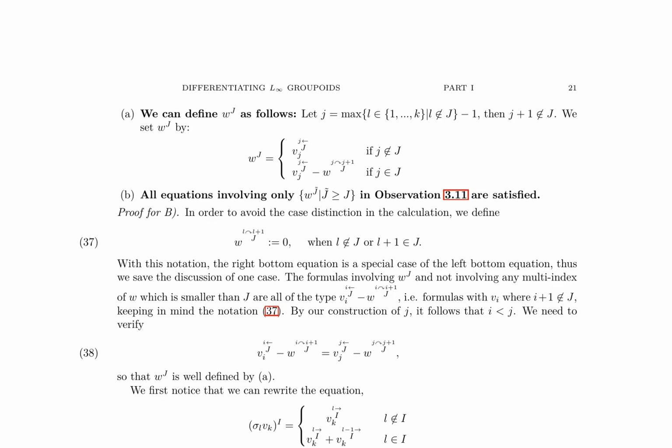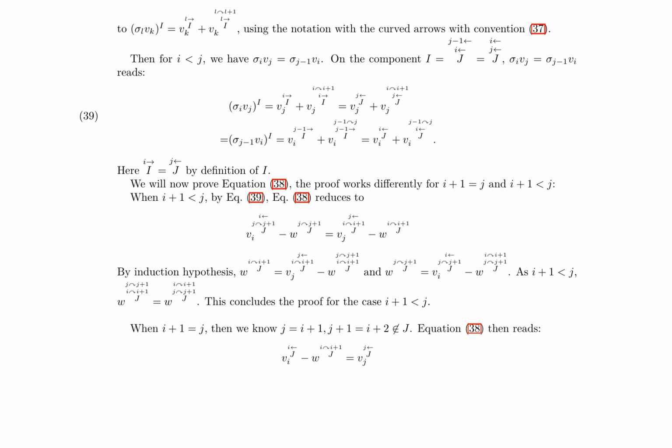To achieve this, a meticulous analysis of the equations is conducted, utilizing notation 37 to simplify the discussion. The proof centers on verifying equation 38, which ensures that wj is well defined. The properties of wj are then demonstrated through a series of equations and inductive hypotheses, highlighting its significance in the research.